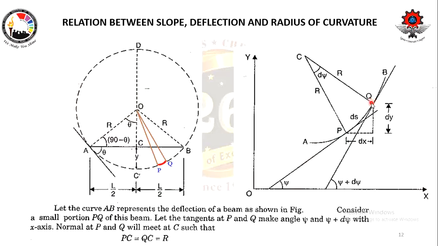So if you draw a normal from the tangent at point P and from point Q, both will meet at a point that is going to give you the radius of curvature, that is CP and CQ, denoted as R, and the angle included is d psi.